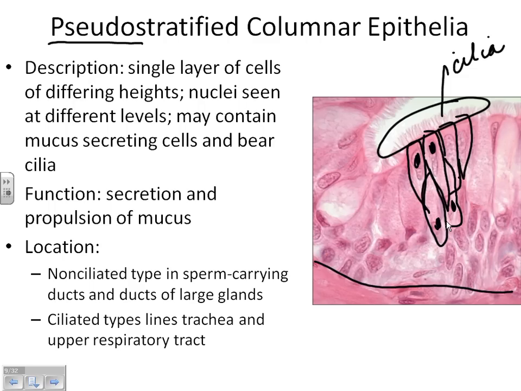Only other place in the body that you have pseudostratified is going to be in some of the ducts that carry sperm through the male reproductive system, like the vas deferens, ejaculatory duct, but you'll learn all of those in A&P too. Okay, so for now, make sure you can keep up with respiratory system. And how do you remember it? Because I told you a gross story about having to pull the dirty mucus up out of your respiratory system and swallow it. Okay, have a reason for doing things.